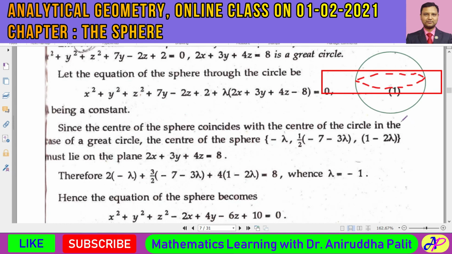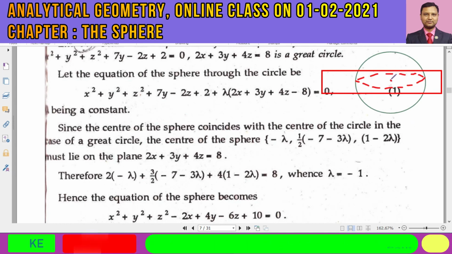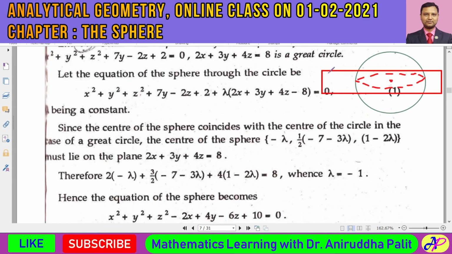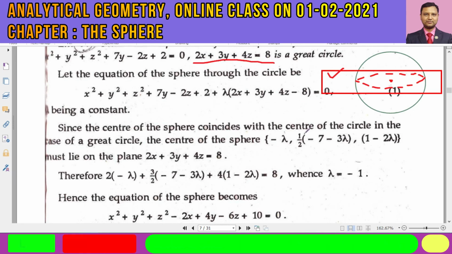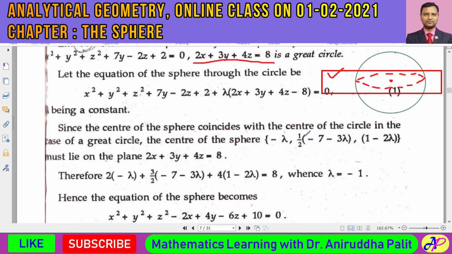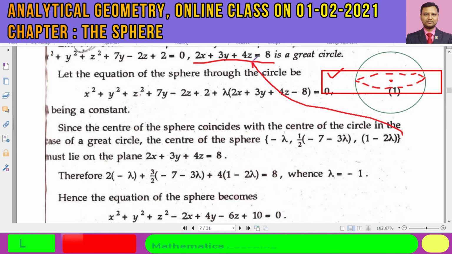And clearly this center point must lie on this plane, and we are given the equation of the plane to be 2x plus 3y plus 4z is equal to 8. Therefore this center must lie on this plane.